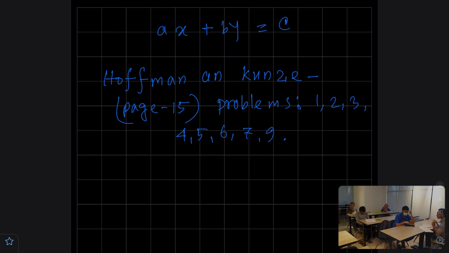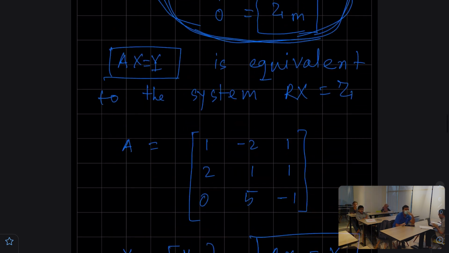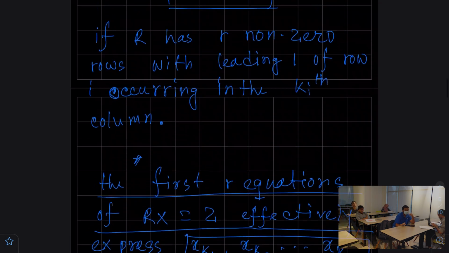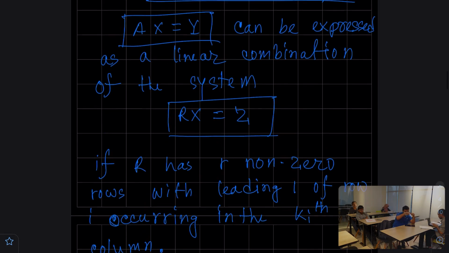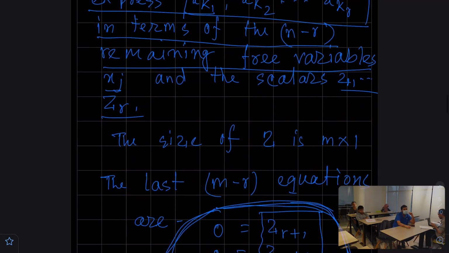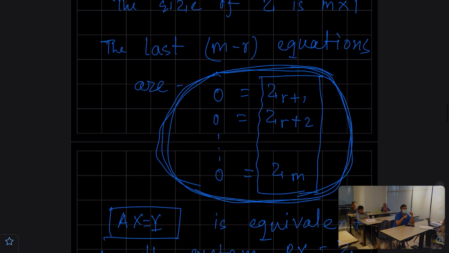Can you please scroll up a little bit down? Okay. You are stating that the remaining variables, like in our case we have y3, from our definition y3 has to be 0.